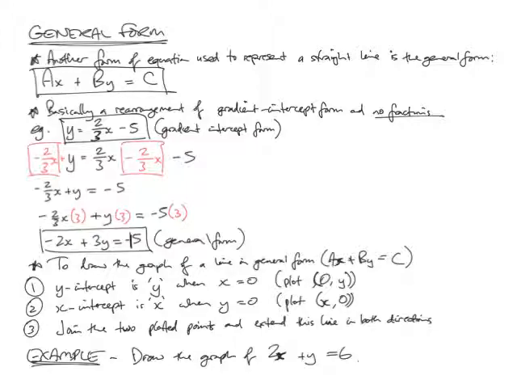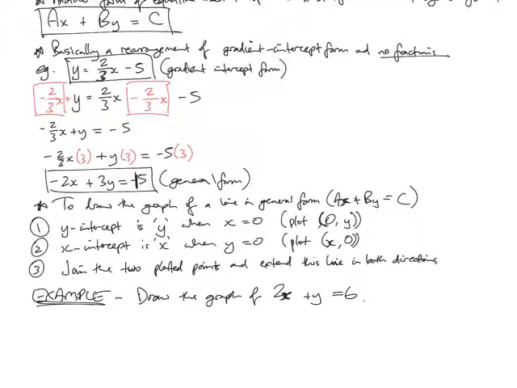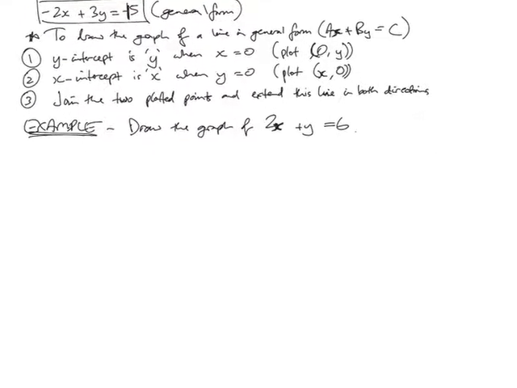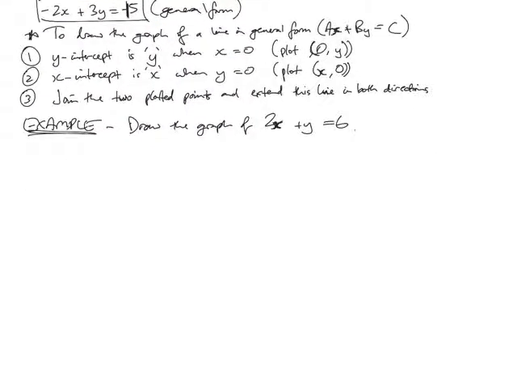So now, just like we showed with gradient intercept form how you draw a line on a Cartesian plane, you need to be able to draw the graph of a line given in general form ax plus by is equal to c. And that's pretty easy because you can get the intercept straight away. The y-intercept, wherever it crosses the y-axis, is where y is y when x is equal to 0. So you just need to substitute x being 0 into the equation and you'll know what y is once you've solved for that.